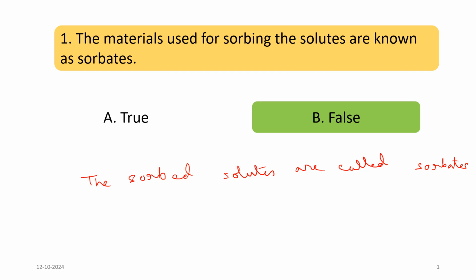And the materials used for sorbing the solutes are called sorbents. So suppose this is the surface and these are the molecules adsorbed here. These solutes, these molecules will be called the sorbates and the surface is the sorbent. That is why this is false.